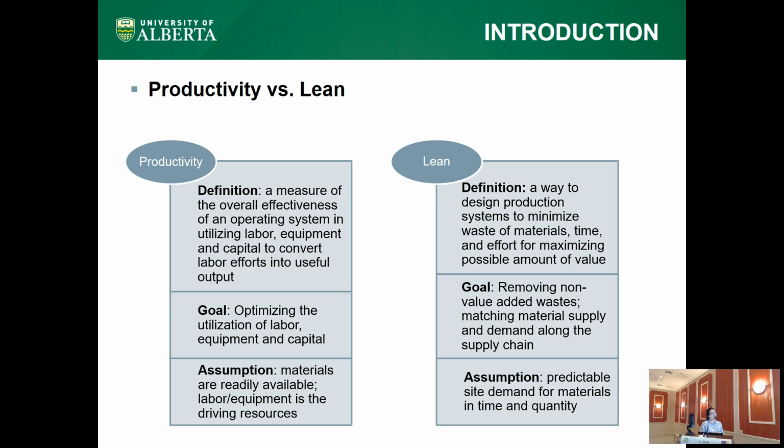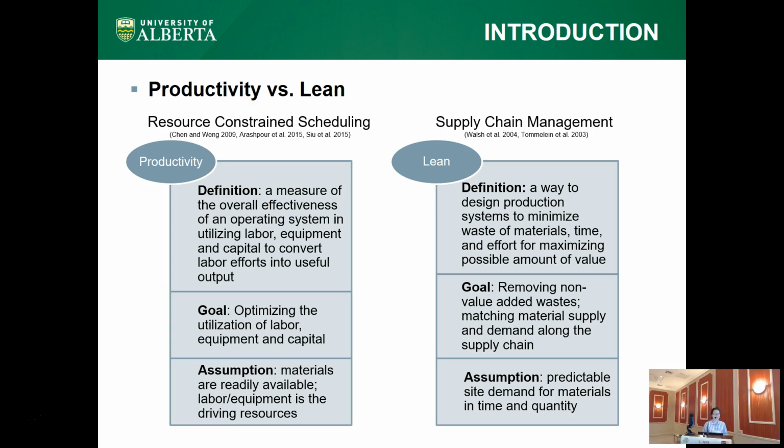For lean construction, lean is a way to design production systems to minimize waste of materials, time, and efforts, and maximize the possible amount of value. The overall goal of lean construction is to remove non-value-adding activities, and one of its detailed objectives is to match the material supply and demand along the supply chain.